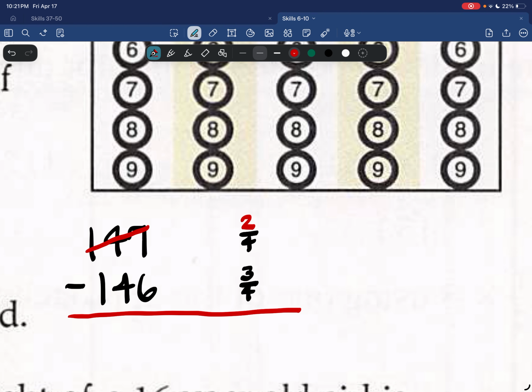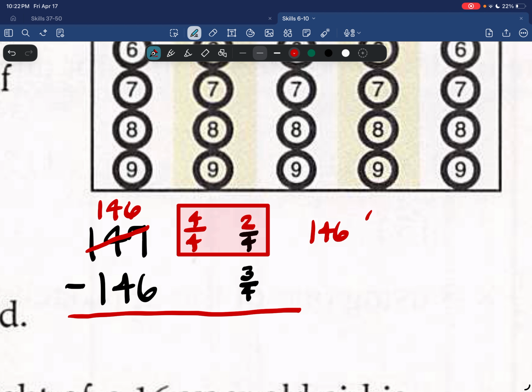So I'm going to make this become a 146, and I'll rewrite this as 4/4. And then I'm going to combine these two to get 146 and 6/4 minus 146 and 3/4. And when we subtract those, we will get 3/4 of a pound.